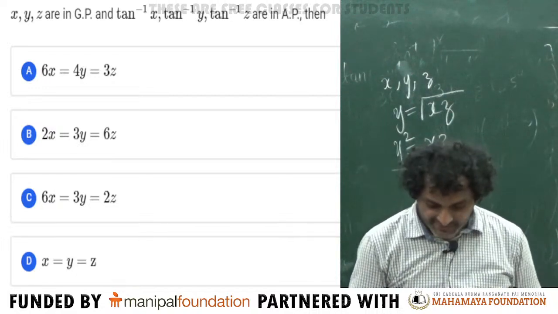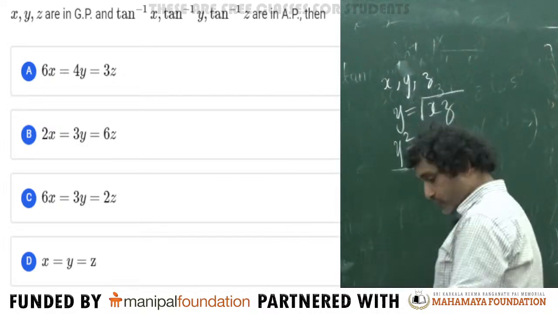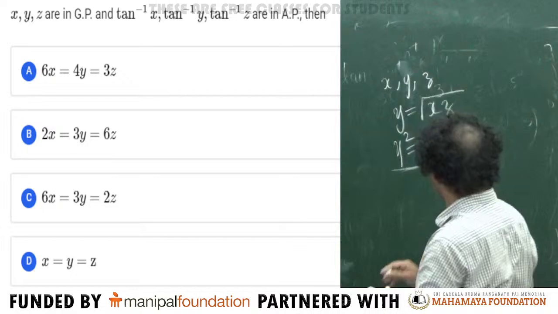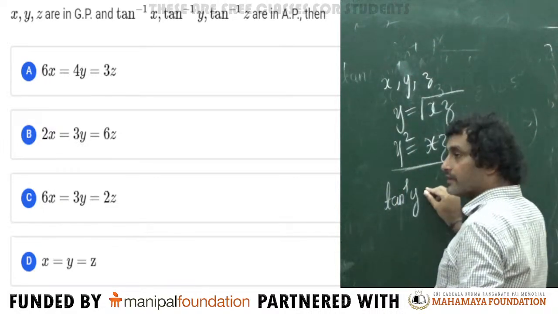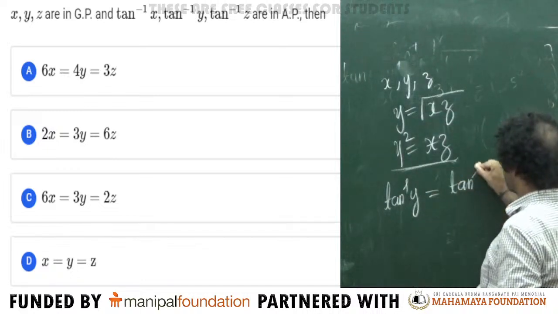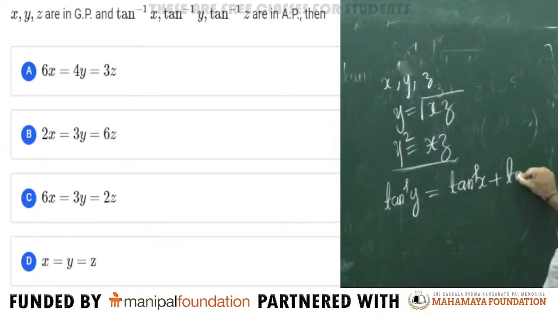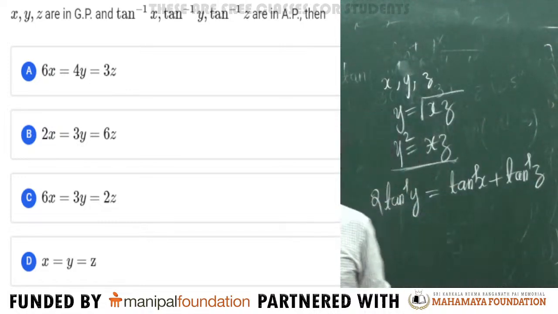Tan inverse x, tan inverse y and tan inverse z are in AP. AP means the middle term, that is tan inverse y, will be nothing but tan inverse x plus tan inverse z divided by 2. That by 2 I will bring here. You know, right? AP means if you want the middle term, it is A plus B by 2. That thing I did.